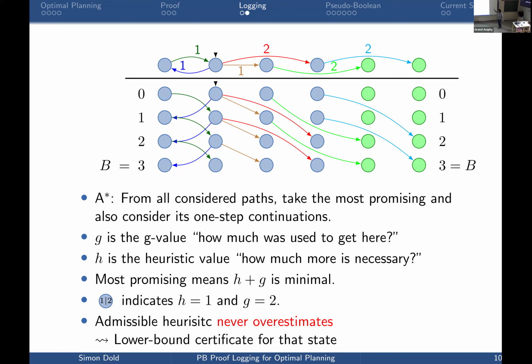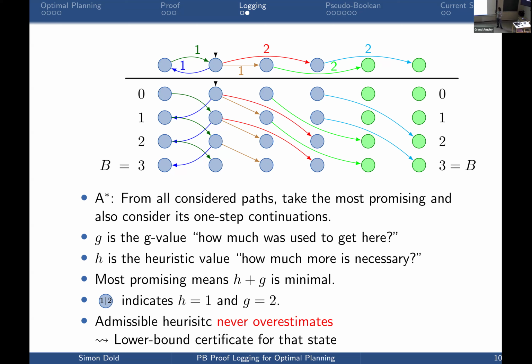In this picture, I'm indicating it with the left number as the H value and the right number as the G value. An important property for the heuristics is that they never overestimate. Otherwise, the A-star algorithm wouldn't be guaranteed to find the optimal one.